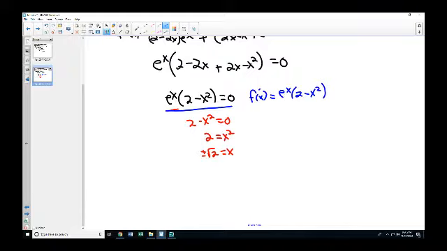So what is the second derivative? Is it still just a product? Another product rule. So e to the x times (2 minus x squared) plus e to the x times negative 2x.